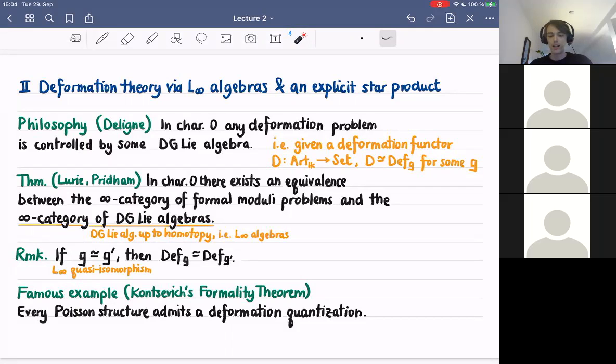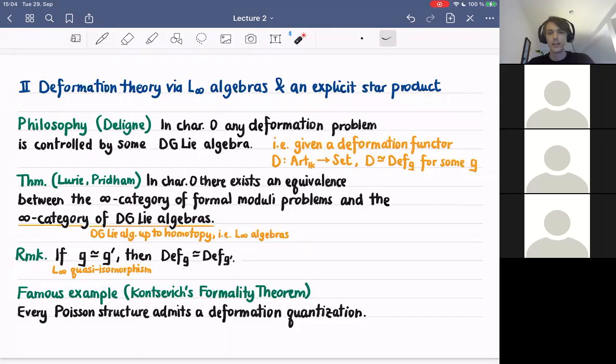Okay, and so underlying this description is the theory of L-infinity algebras, which control deformation problems. And so this goes back to a philosophy I think first formulated by Deligne in a letter to Goldman and Millson. And this philosophy says that in characteristic 0, any deformation problem is controlled by some DG Lie algebra.